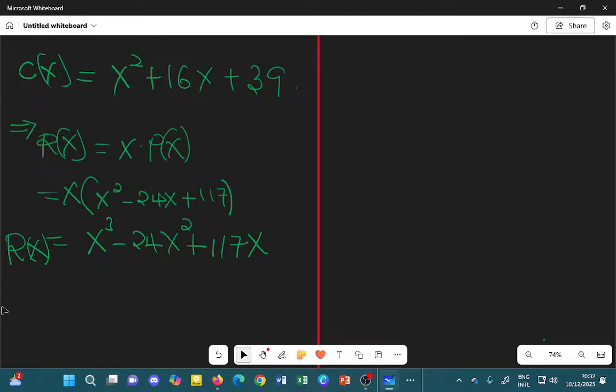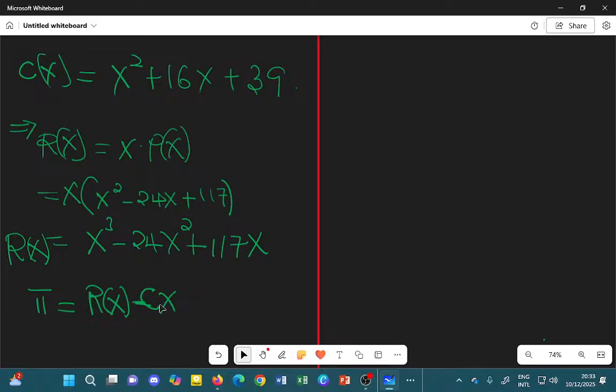So with this, I can then completely specify my profit function. What we had wanted is the profit. So I say profit function is given by, as I'd said, the difference between the revenue function minus the cost function.